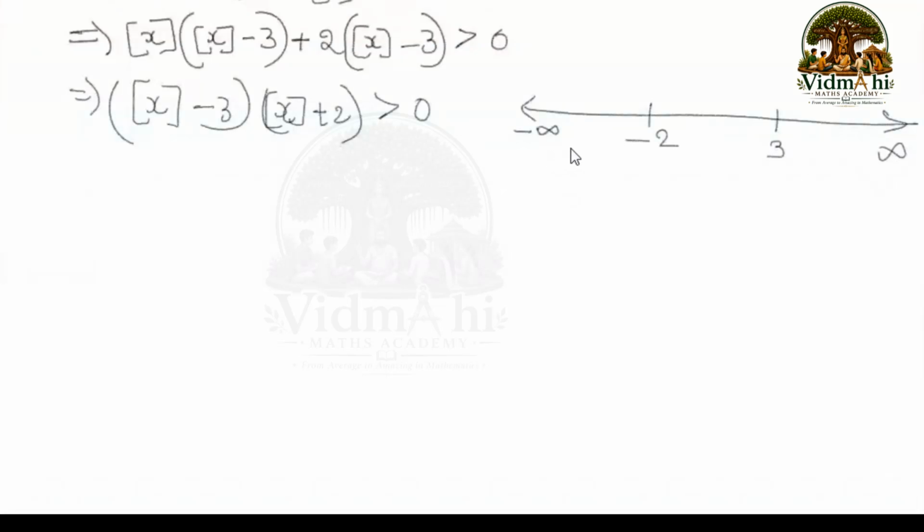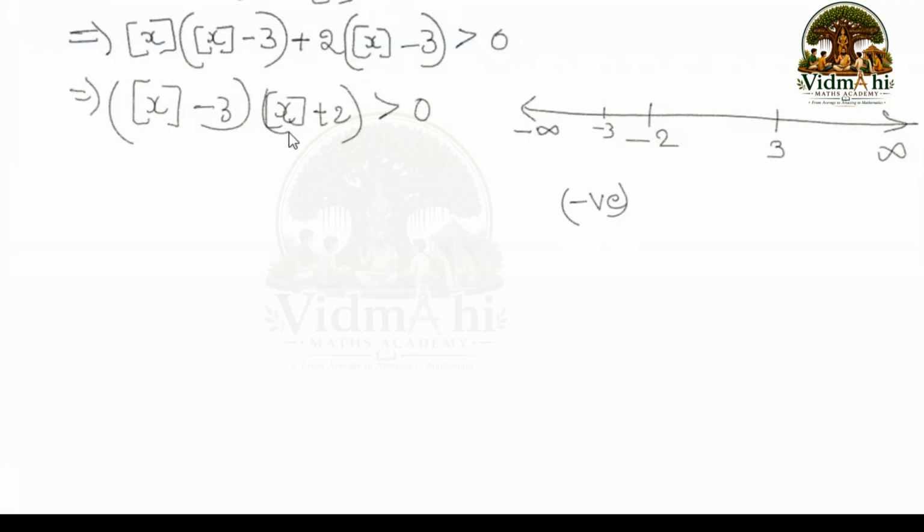Now, in between minus infinity to minus 2, consider any one value. For example, if you consider minus 3, substitute here. Greatest integer of minus 3 is what? Minus 3. Minus 3 minus 3 is negative.